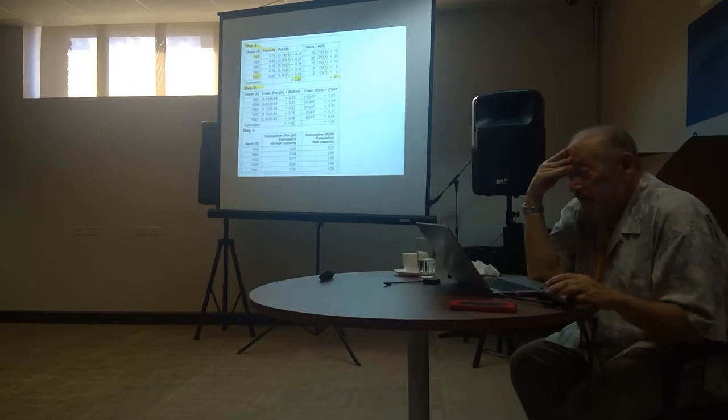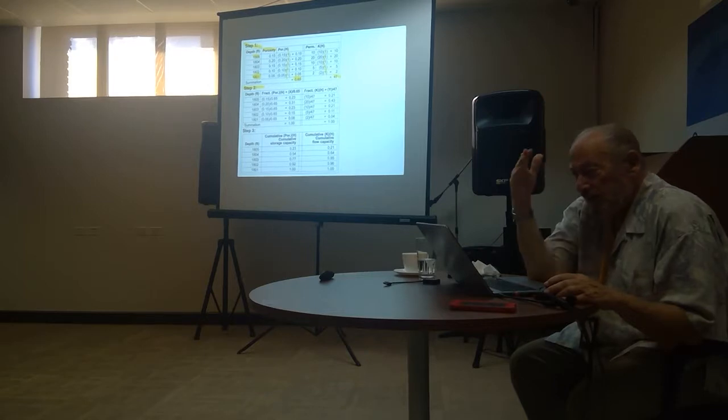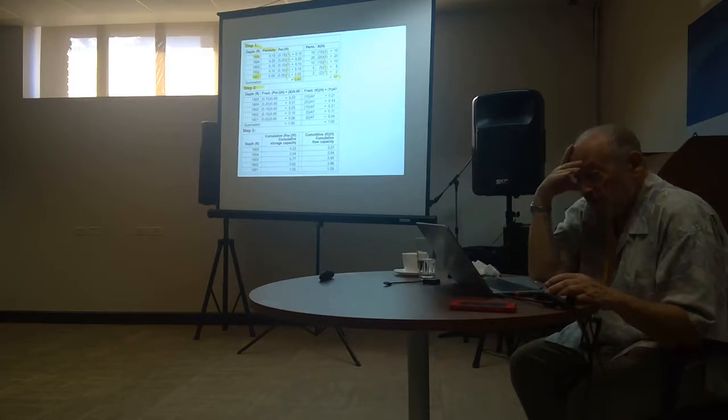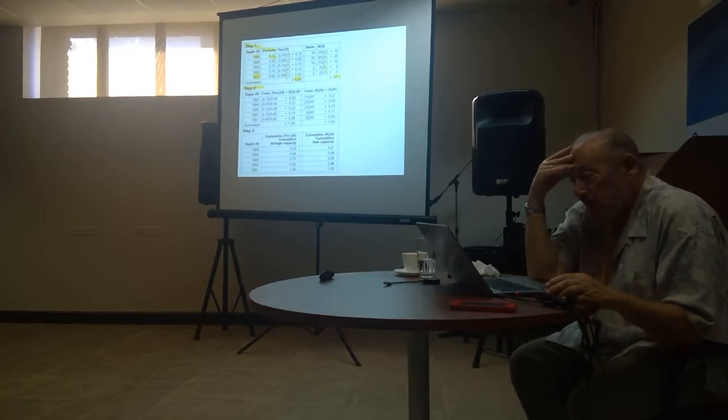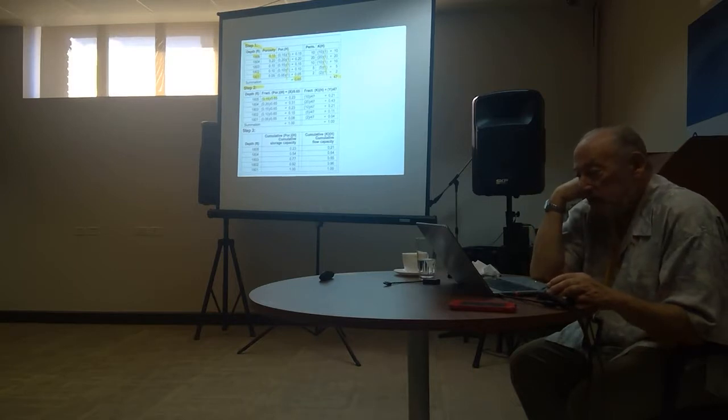What you want to do now is find out, for every one of these 1 foot intervals, the fraction of the total porosity thickness and the fraction of the total permeability thickness. That's what step two is. Let's look at porosity first. You take your 0.15 for this interval, and you divide that by the total porosity thickness, 0.65, and you get this number.